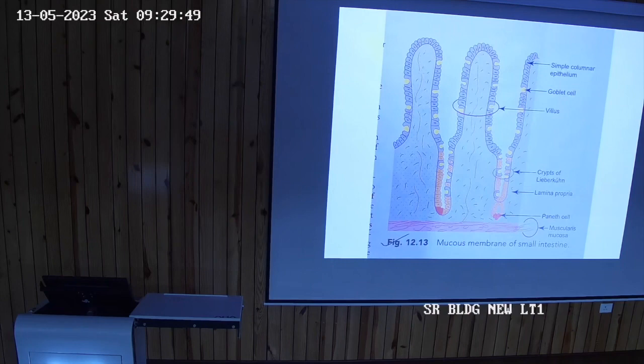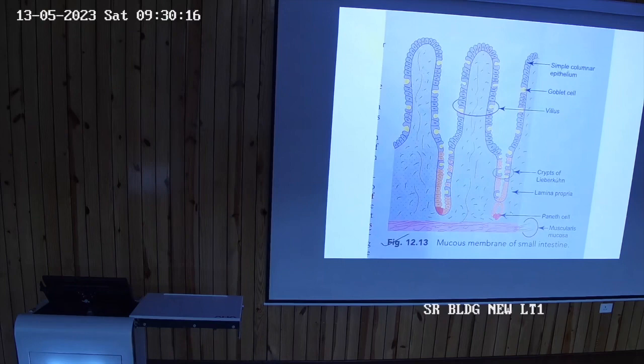I have never noticed the shape; they have mentioned that in the duodenum the villi are leaf shaped, but I never give importance to the shape. In the jejunum they are tongue shaped, slightly larger, and in the ileum they are finger shaped.